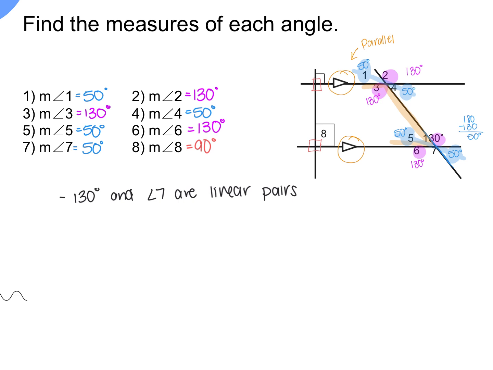Anytime you see that, we should automatically know linear pair. What else do we know? Angle 4 and your original 130 are consecutive interior angles, which means they're supplementary.